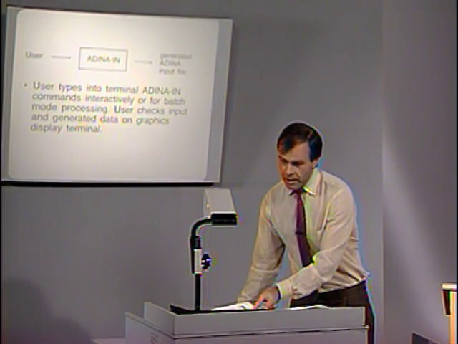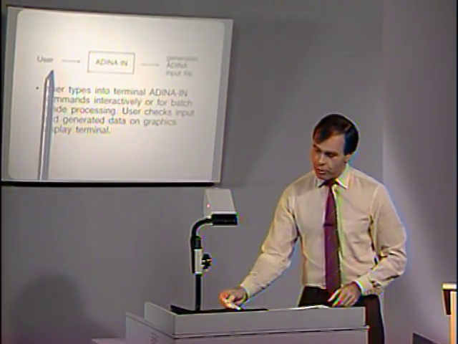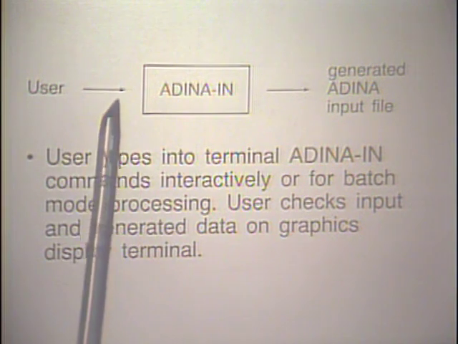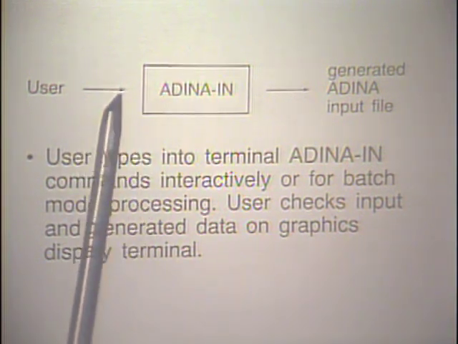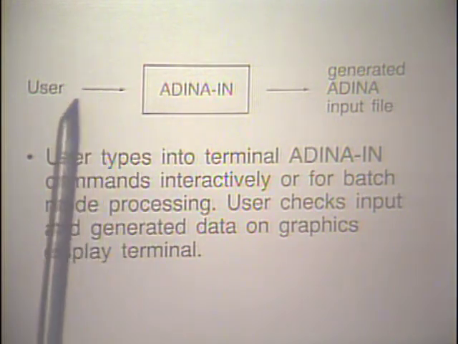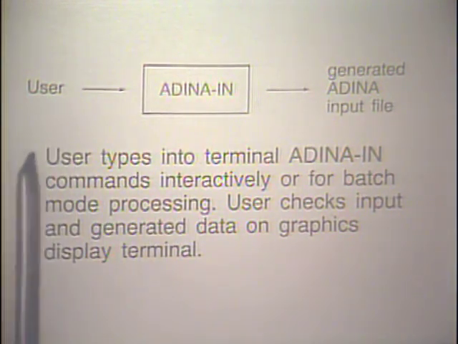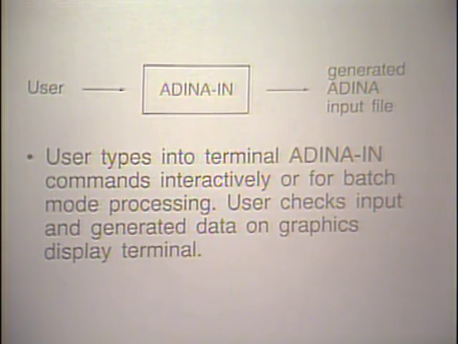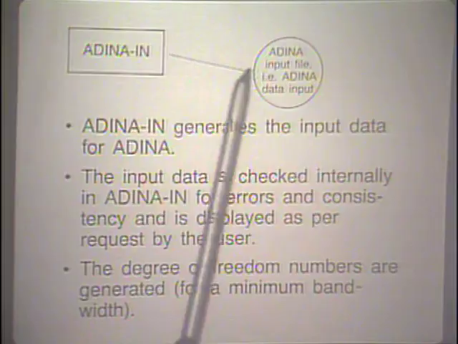The user inputs, in other words types into the terminal, ADINA-IN commands interactively or for batch processing, and then the user checks also the input and the generated data on the graphics device, as I showed you on the previous view graph. ADINA-IN generates the input data for ADINA.